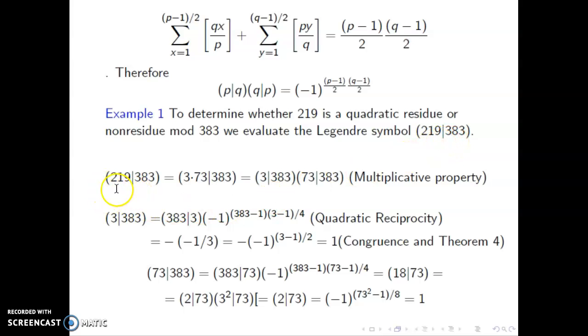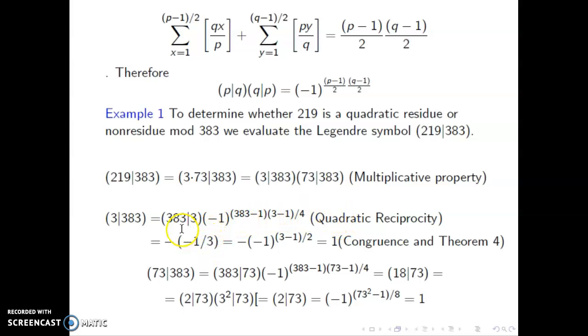Now this 219 can be written as 3 into 73, and then I can make use of the multiplicative property of the Legendre symbol to write this as 3 over 383 into 73 over 383. Now 3 over 383 is equal to 383 over 3 into minus 1 raised to 383 minus 1 into 3 minus 1 by 4. This is using quadratic reciprocity.